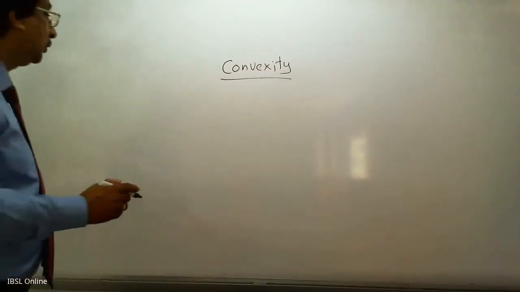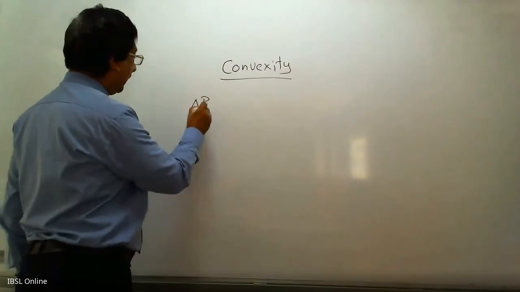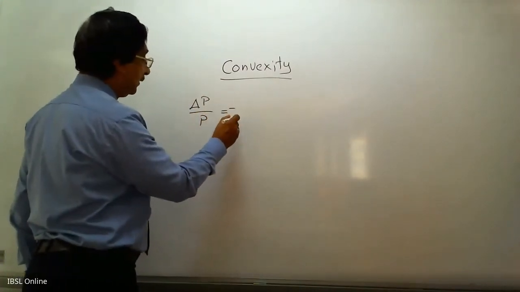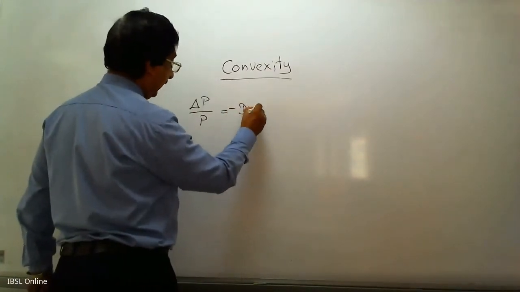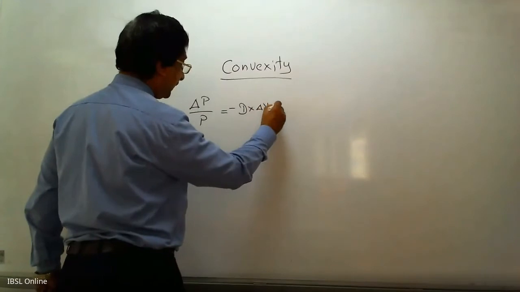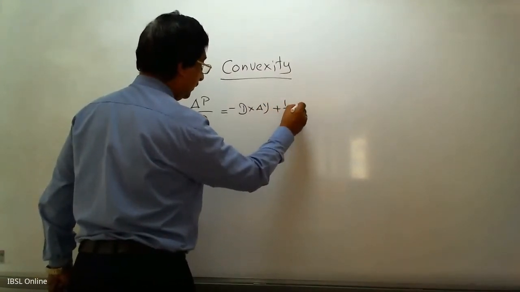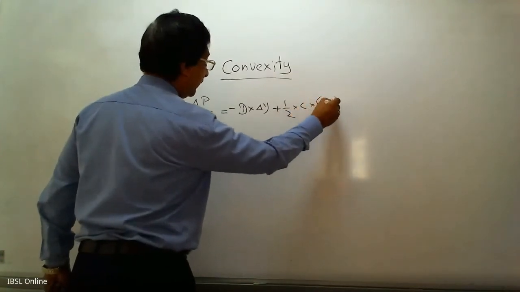Now you have delta P over P is equal to minus D into delta Y plus half C into delta Y squared.